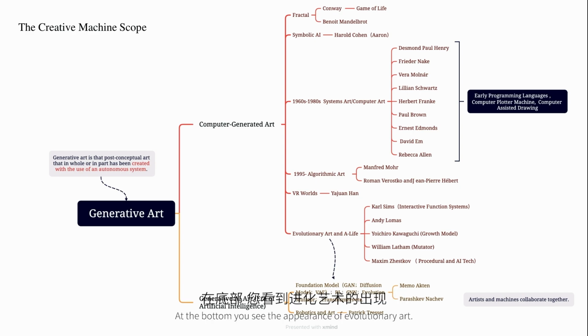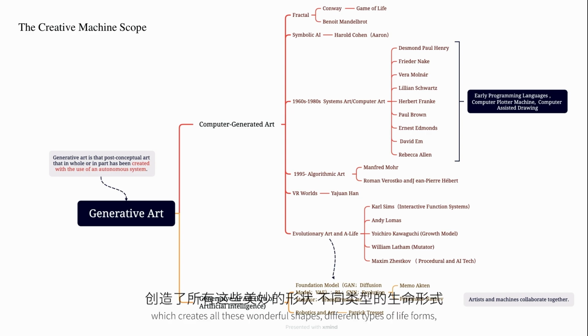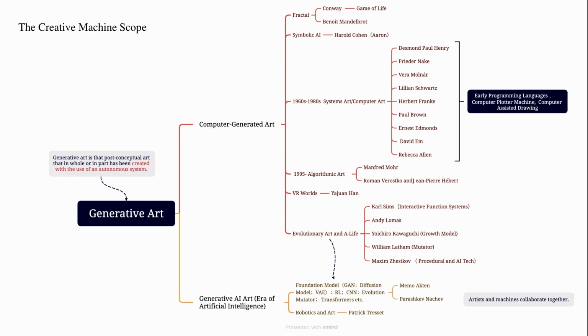At the bottom, you see the appearance of evolutionary art. So this is the idea again that evolution, as we find in nature, which creates all these wonderful, so different types of life forms, if we could understand it and simulate it, we might use it to create new forms.